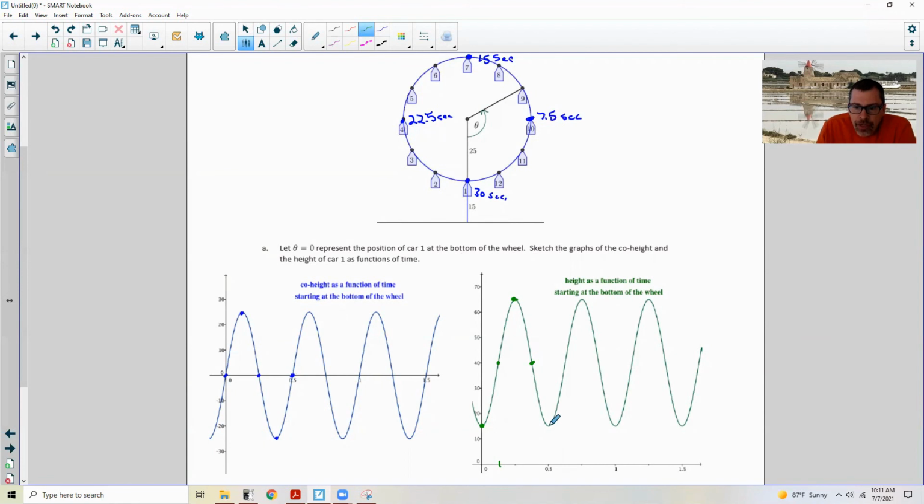In 30 seconds, or half a minute, we're at the minimum again. And then it repeats. 7.5 seconds later, we're at 40. At 15 seconds, we're at the top. Another 7.5 seconds, we're back down to 40. Another 7.5 seconds is a full minute. We're back down at the platform at 15 feet, and it just keeps repeating. So there you have it.